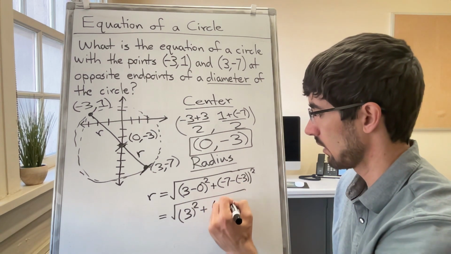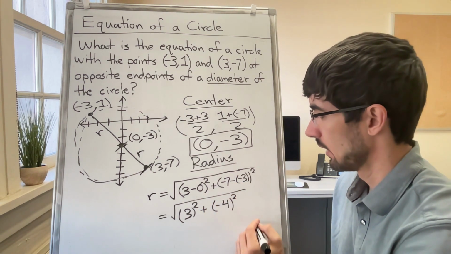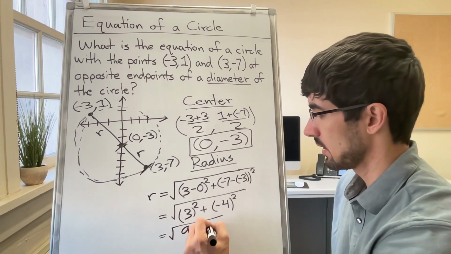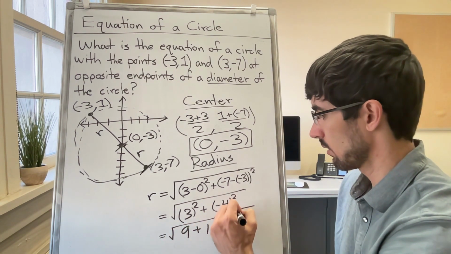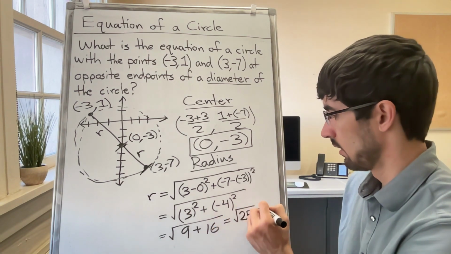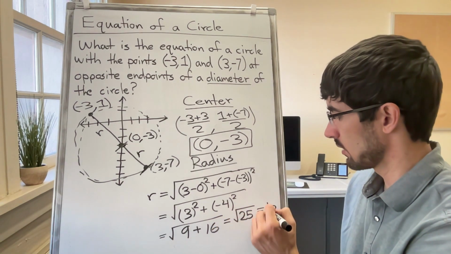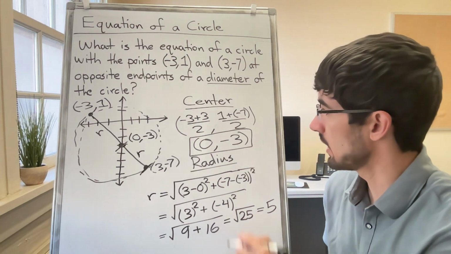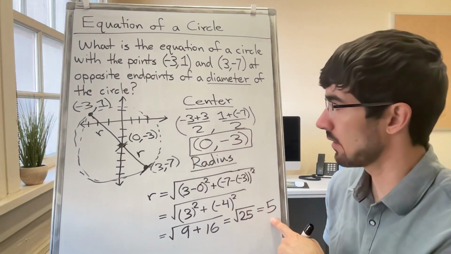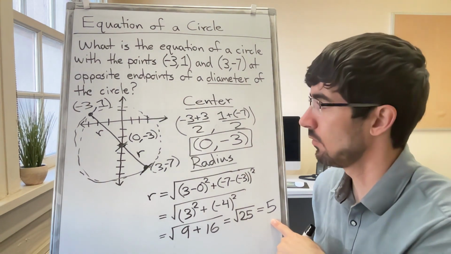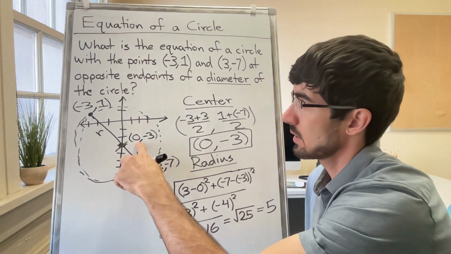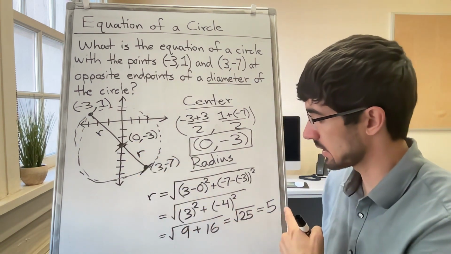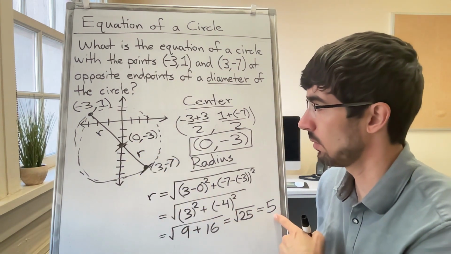This is going to give me negative 4 squared. This equals the square root of 9 plus 16, which is the square root of 25, which is a perfect square. The square root of 25 equals 5. So this circle has a center at (0, -3), and it has a radius of 5. If you would have used this point and this point to calculate the radius, you should get the exact same answer. The radius should be 5.